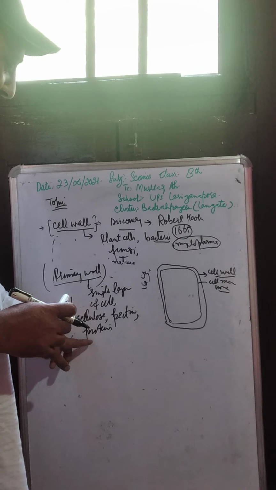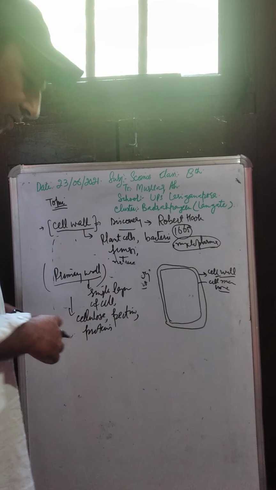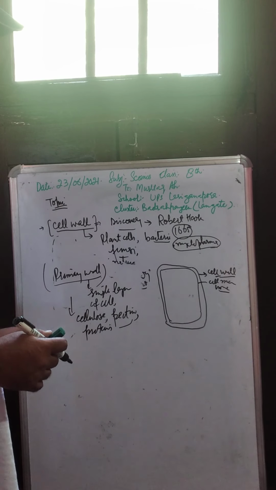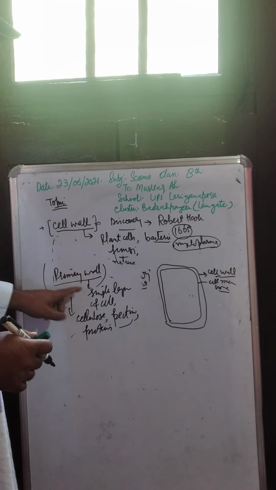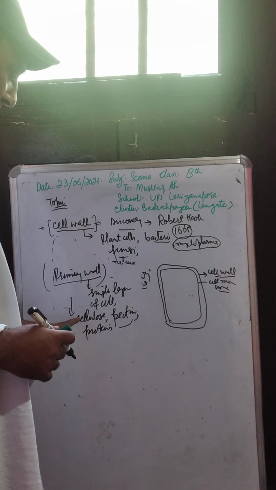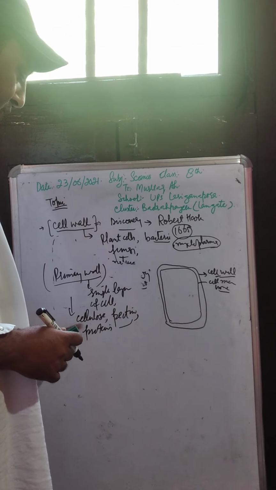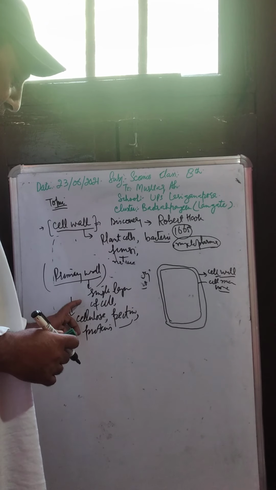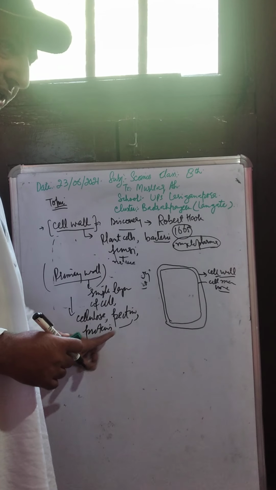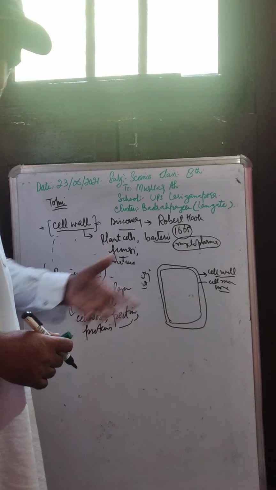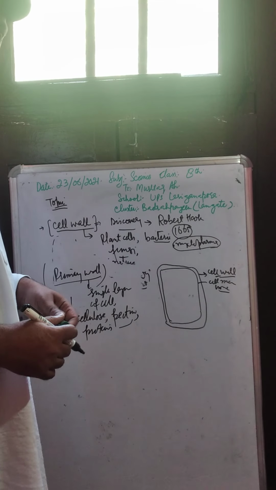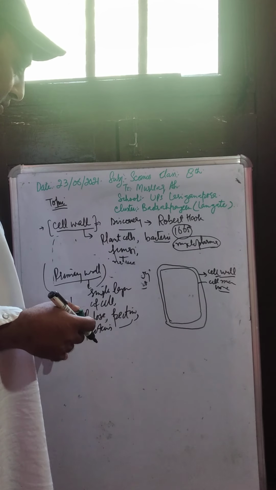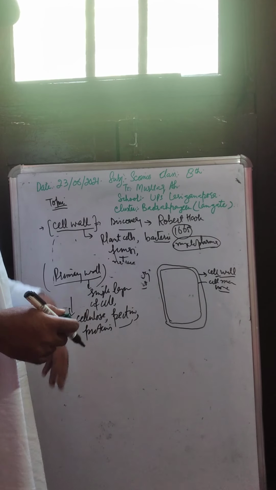So the primary cell wall is made up of a single layer of cells, and it has cellulose, pectin, and some proteins in it. Of course, there is one more component which is called hemicellulose. So we can say cellulose, pectin, proteins, and hemicellulose.